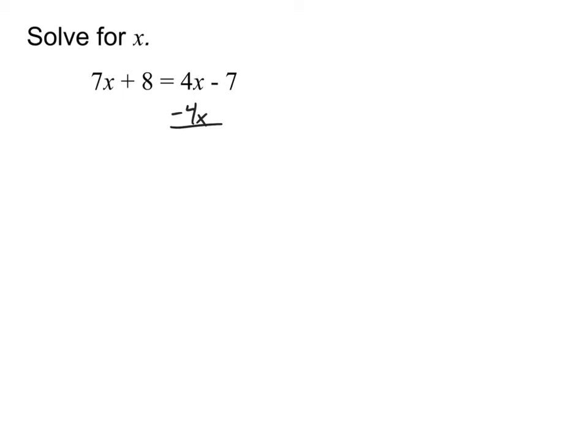Now you might be saying, yeah, but I thought that since it's subtraction between the 4x and the 7, shouldn't we be undoing subtraction by adding it? Well, that would be true if we were moving the 7, because the 7 is actually what that minus is attached to. But because the 4x is positive, I have to be undoing the fact that it's positive. And so that's where we're subtracting.